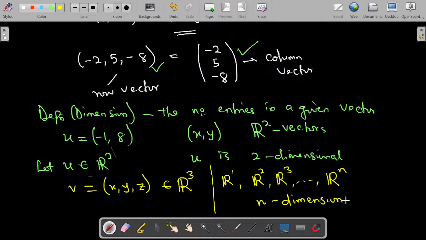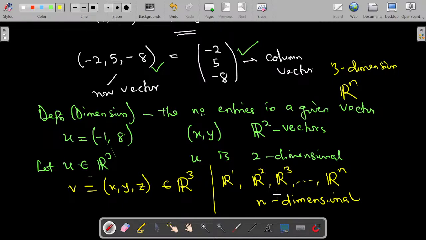Assuming that you don't know what the dimension is, you can call it an n-dimensional vector. If I say n dimension and the dimension happens to be 3, that means it is 3-dimensional. So take note of that. Whenever you see Rn, it means n dimensions. Depending on the n, that will tell you what type of R it is.